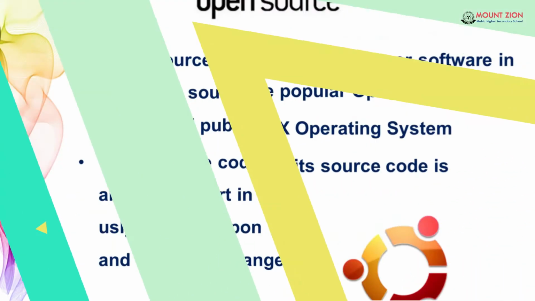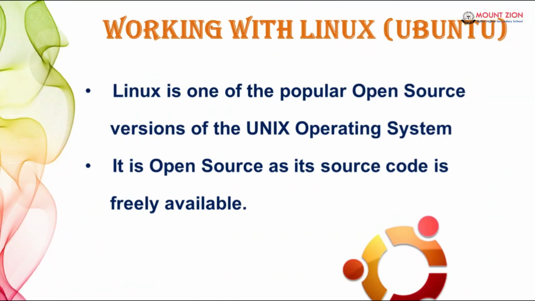The next one is working with Linux. Linux is one of the most popular open source versions of the Unix operating system. When compared to the Windows operating system, Linux has a very colorful and pleasant looking window, and Linux has access to source code and can alter the code as per user need, whereas Windows does not have access to source code.